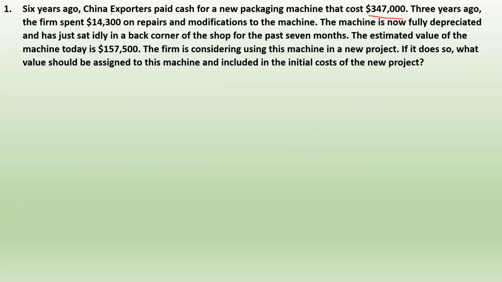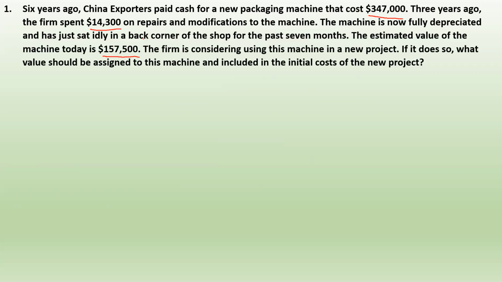So this is the first number, which is the initial cost of this machine 6 years before. 3 years ago, the firm spent 14,300 US dollars to repair it, and the last number is the market price.